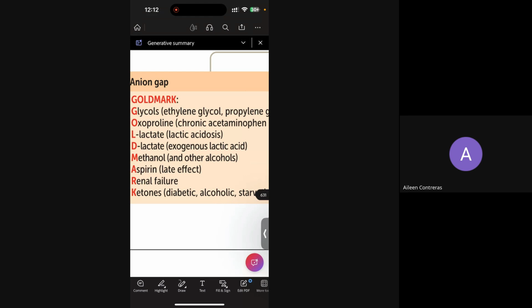In aspirin toxicity, you are adding metabolites of aspirin as an acidic compound. In renal failure, the urea is going to get elevated, which is also an acidic compound. In diabetic ketoacidosis, you are adding ketones, which are acidic. Whenever you are adding a new acid into the body, the anion gap is always going to get elevated.